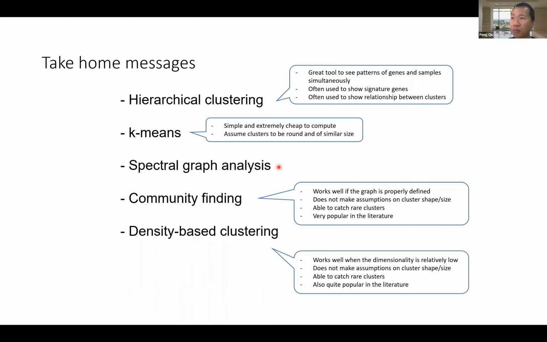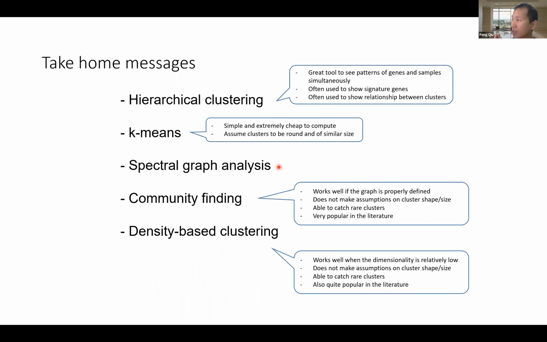But in the literature, especially the computer science literature, people have already developed efficient implementations, such as the Louvain and Leiden algorithms, that can help you to get close to the optimal Q, right?